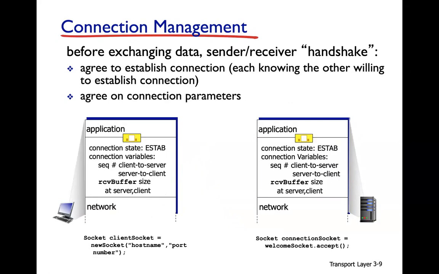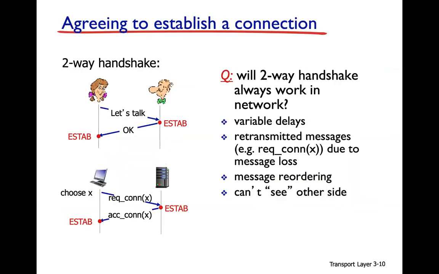Still, one thing is left: how do we establish our TCP connection, and how do we tear it down? These two questions will be hidden inside the socket programming later, but this time I will discuss them through a couple of slides.